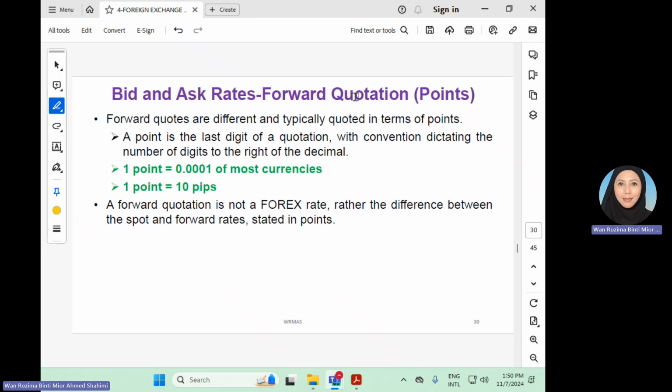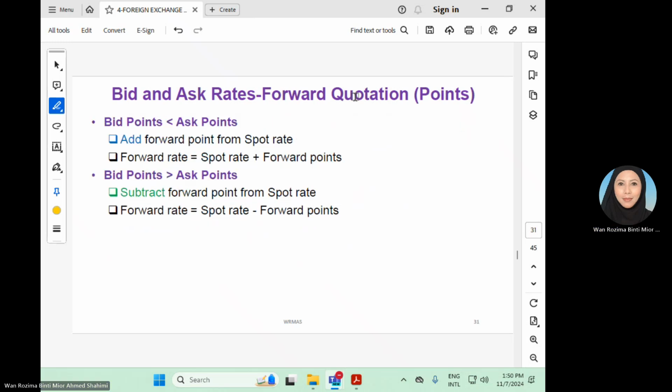Now I want to mention these points. Remember, 1 point is equivalent to 0.0001. For example, if the forward rate is not given and you have to find it on your own, remember one more time, you cannot simply replace like the spot rate just now.